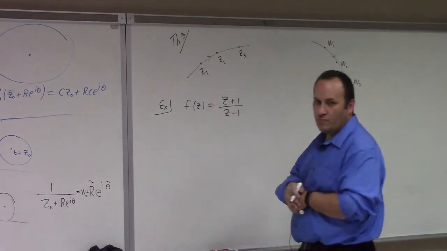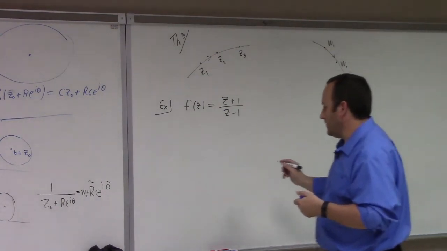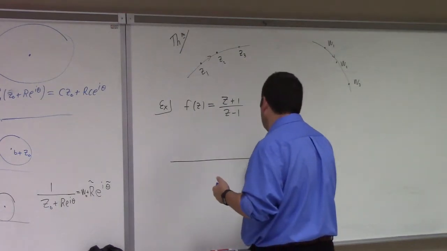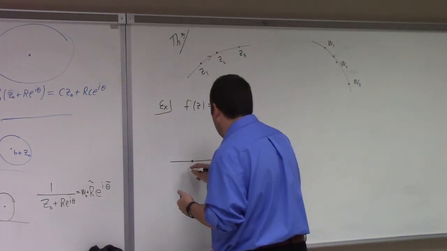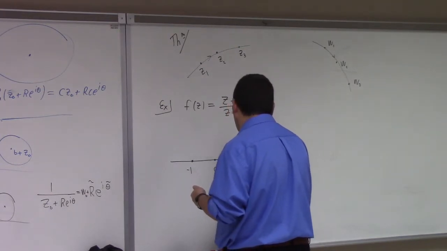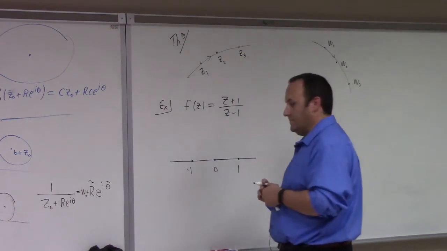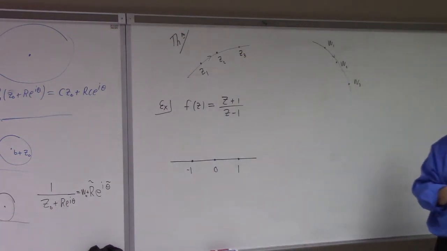This is an example of a Mobius transformation. What does it do? If I look at the z-plane, I've got minus 1, I can look at 0, and I can look at 1. I can look at those 3 points, and I can see what this Mobius transformation does.